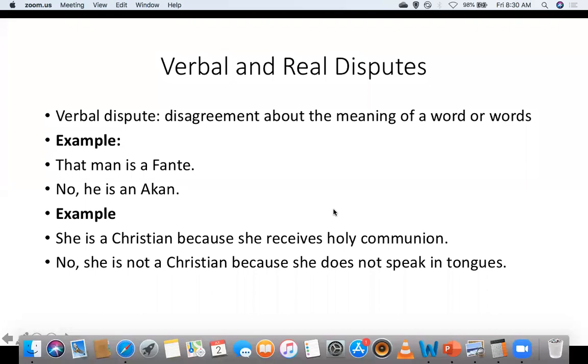When she has done that very clearly, then she will proceed in a very logical manner to discuss the term. She's doing that because she wants to avoid unnecessary misunderstanding about what she's discussing. So such a person is avoiding a verbal dispute.